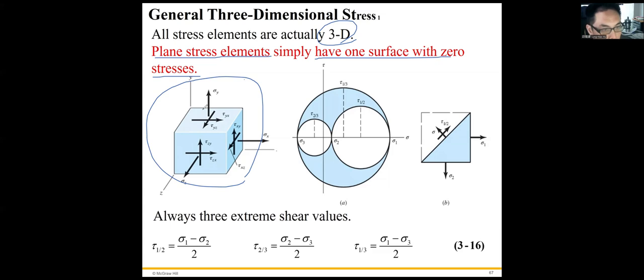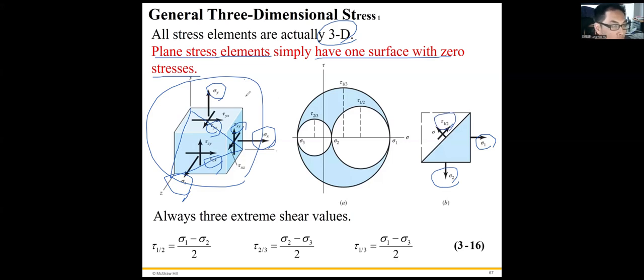This element could be subjected to normal stress, compression, torsion, or bending, and we can analyze it as a small 3D element with normal stresses and shear stresses. In the 3D case, we can slice this small element at any angle and use Mohr's circle to figure out its principal stresses and shear stresses.